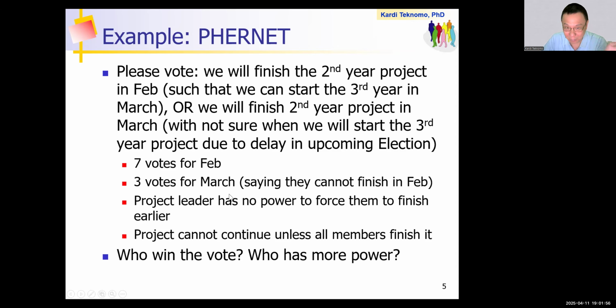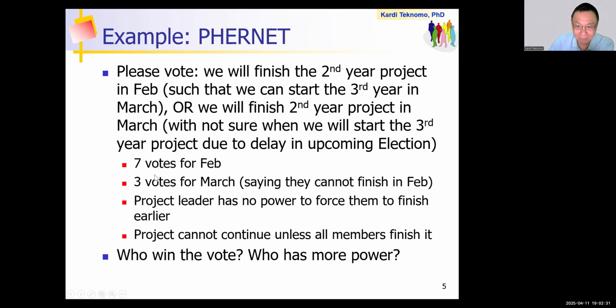So supposedly these 3 had to comply, right? But the project leader had no power to force them to finish earlier. So eventually the project could not continue, because not all members finished. So in this example, who won the vote? 3 or 7? During the vote, it looks like the 7 votes won.